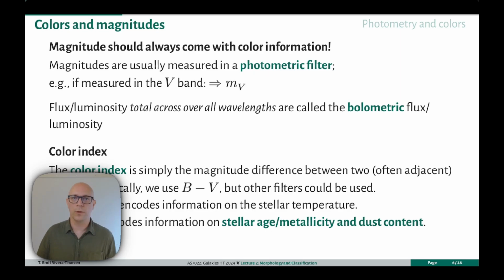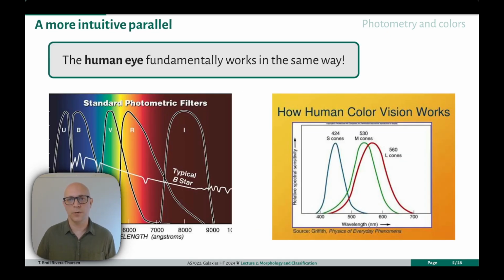When we report fluxes and magnitudes and so on, it should always come with color information. And that is because if we take a look here again, you can see that this typical B star, if we wanted to measure that in the B filter and we wanted to measure it in the I filter, we would obtain very different magnitudes or very different fluxes, because any star or any astronomical object emits differently at different wavelengths.